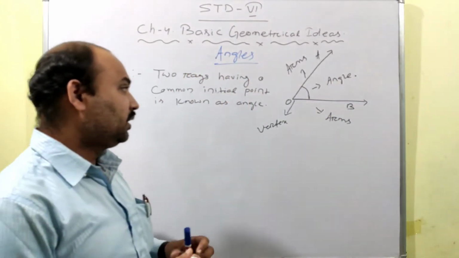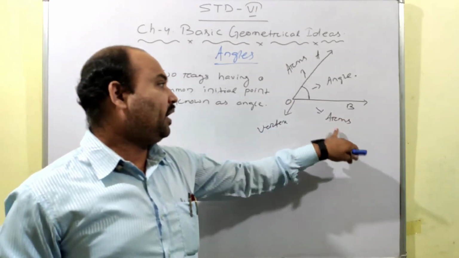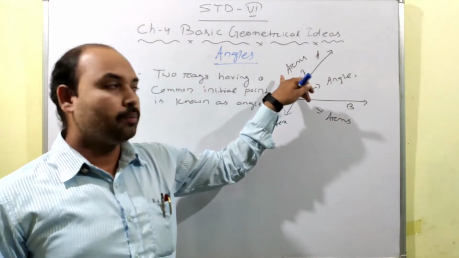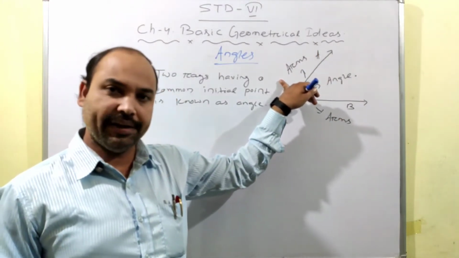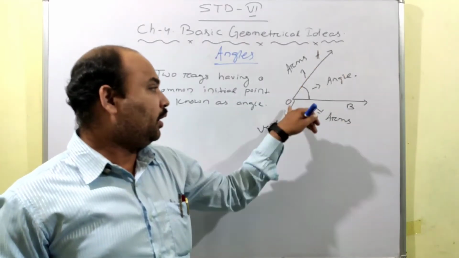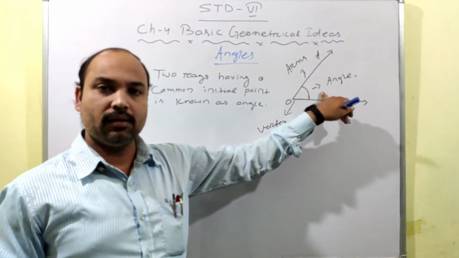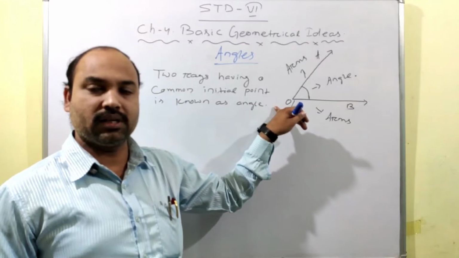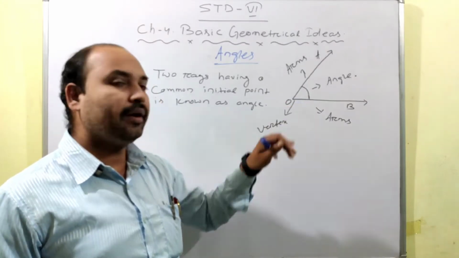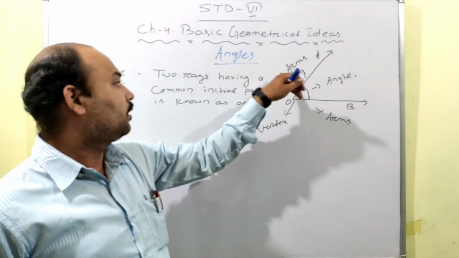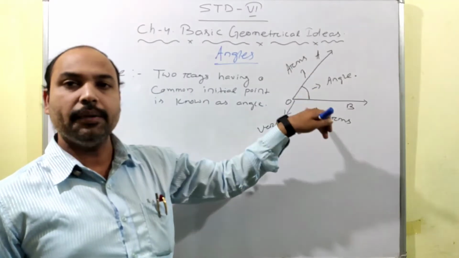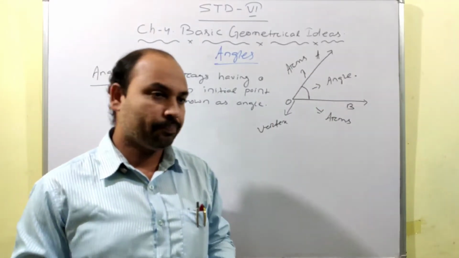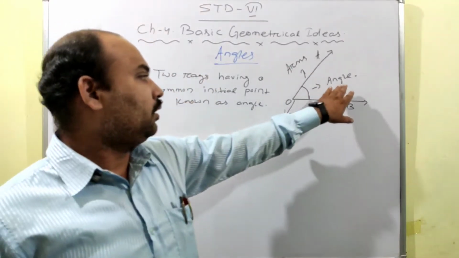So here OB and OA are two arms, or you can say the sides, and AOB is the angle, and O is the vertex, known as the initial point of rays AO and BO. Clear?